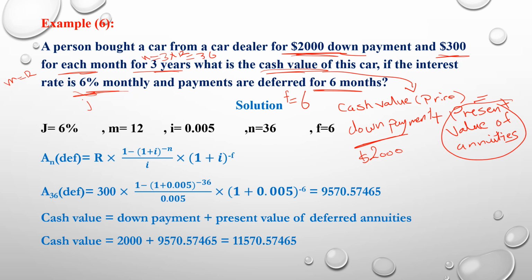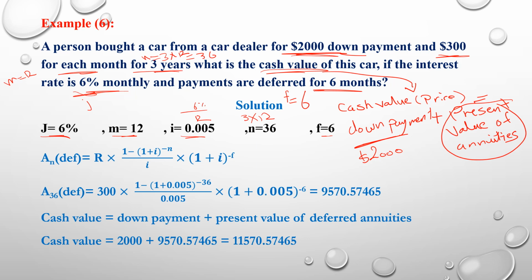If it's in years, you will convert this period, but in this example, he's giving you the number of deferment periods in months, so it's already converted. Again, J is 6%, M equals 12, I is J over M, and N is 36, which is 3 years times 12, and F equals 6 months.